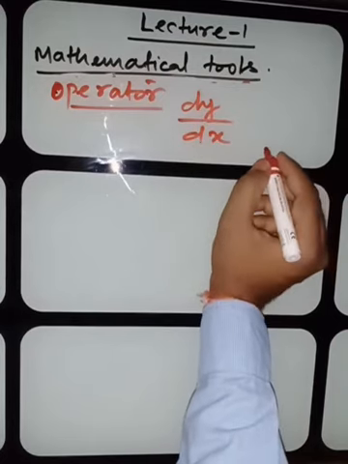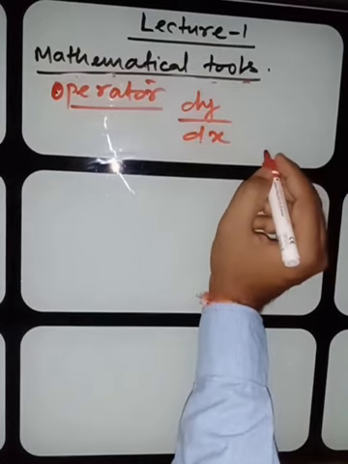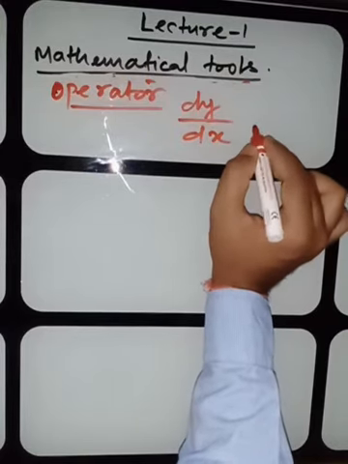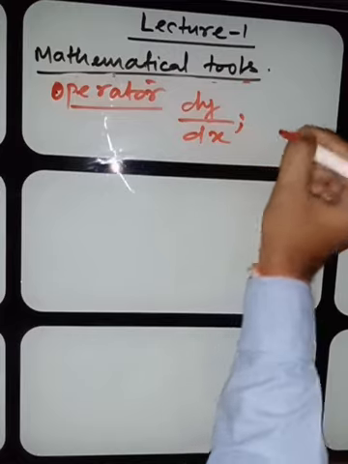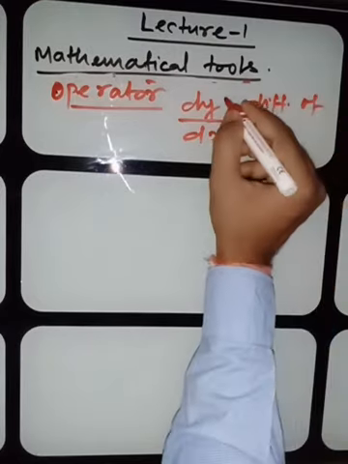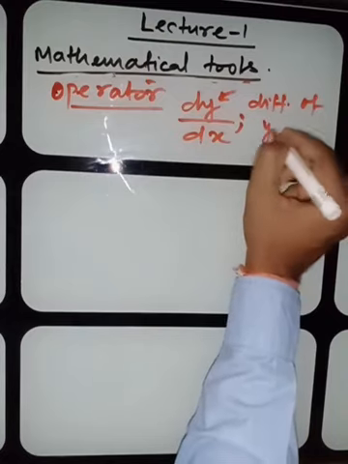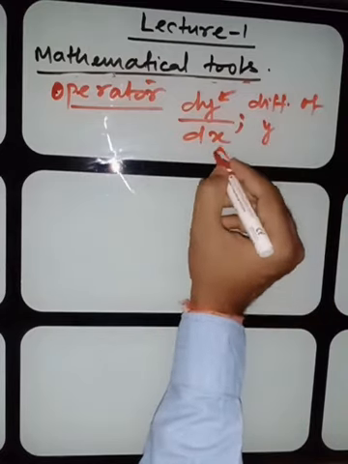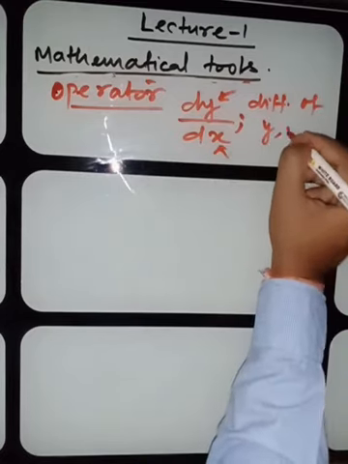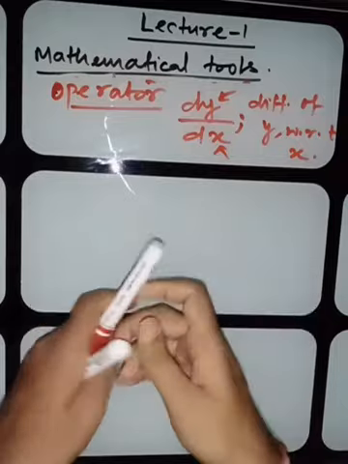Now sir, how will we pronounce this one? Since it is very new, I'm just explaining here how you have to pronounce it. It is the differentiation of y with respect to x. Okay, you have to differentiate y with respect to x.